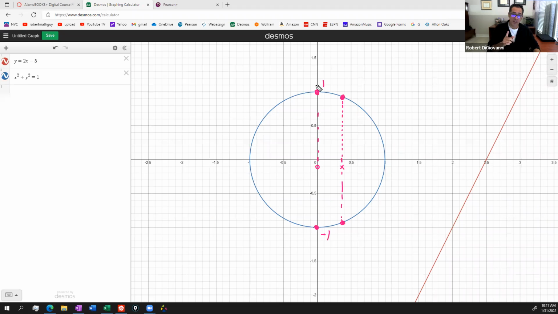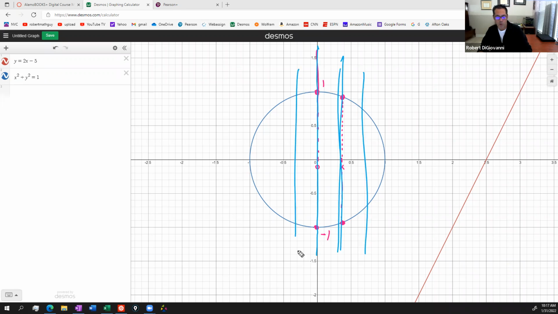So this is where this idea of, I know you all have heard of this, the vertical line test comes from, right? If you're looking at the graph of something, and you want to know if it's a function, then you do this thing called the vertical line test, which says if you draw a vertical line, you don't want that vertical line to ever hit the graph more than one time.